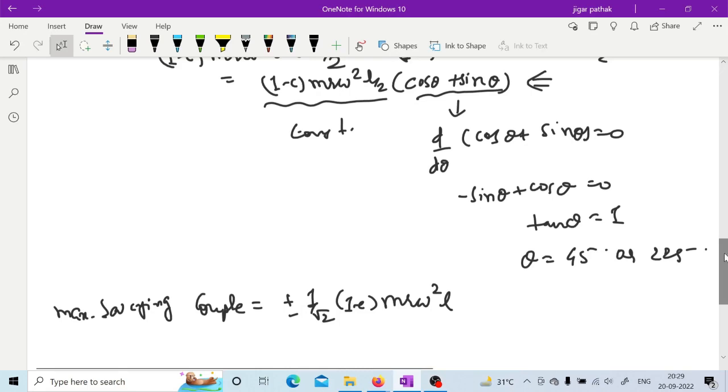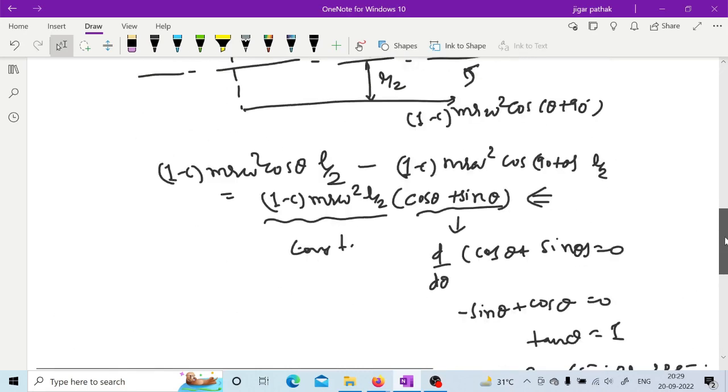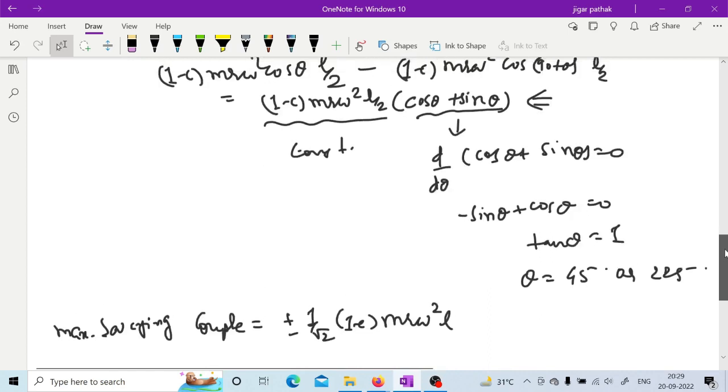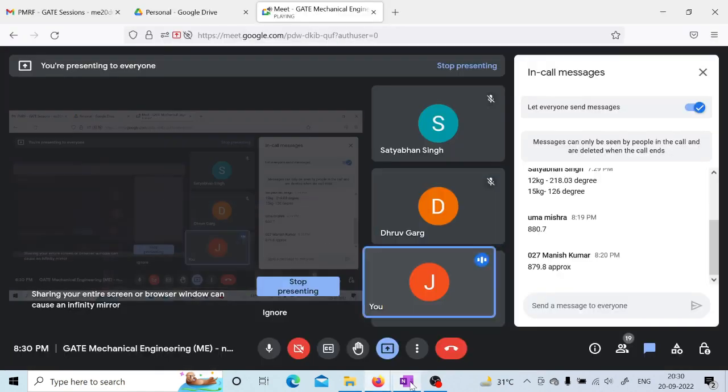Hello. Sir, it needs to be raised a little, sir. Yes. Sir, it will be 1 by root 2, plus or minus 1 by root 2. Sir, will we get this in the PPT? Yes, I will upload these notes after this session. In that drive link, sir. Where will you upload? In that drive link which I have shared in the chat box.